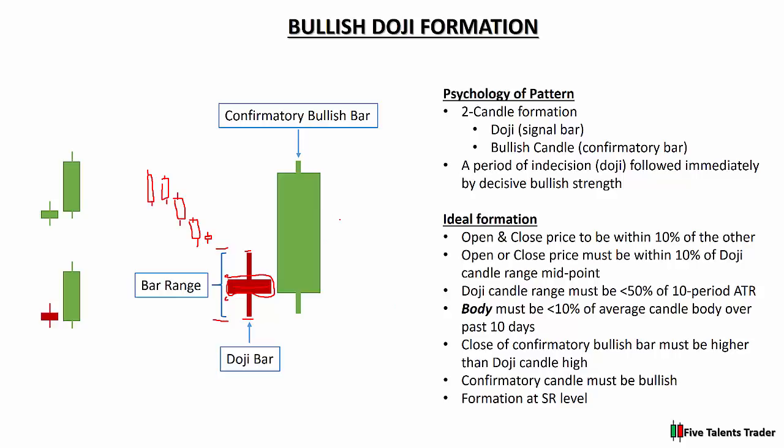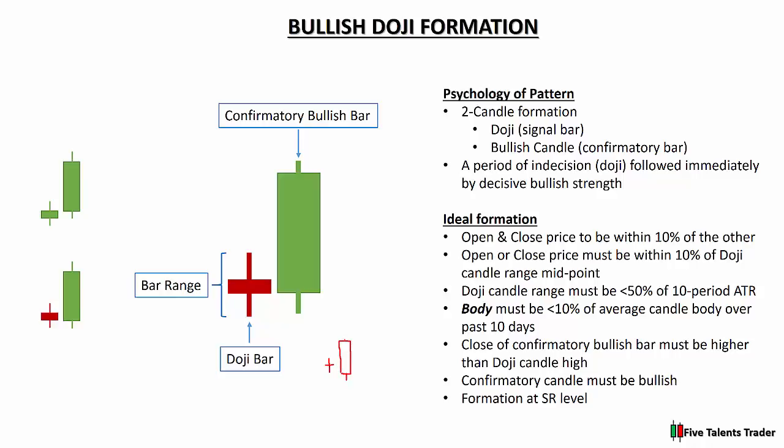The close of the confirmatory bar, in this case, that bar there, let's clean some of these out. And so the close of the confirmatory bar must be higher than the high of the doji. So I have a doji here, and I want to see the decisive bullish bar.